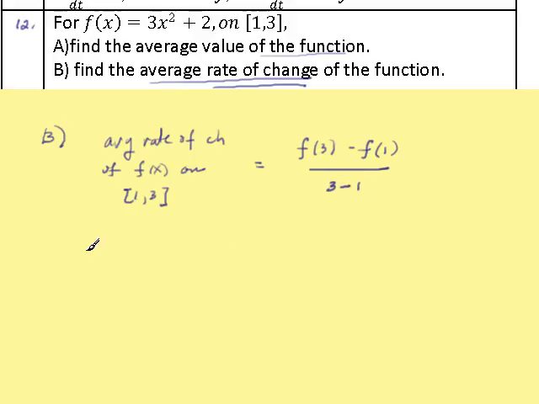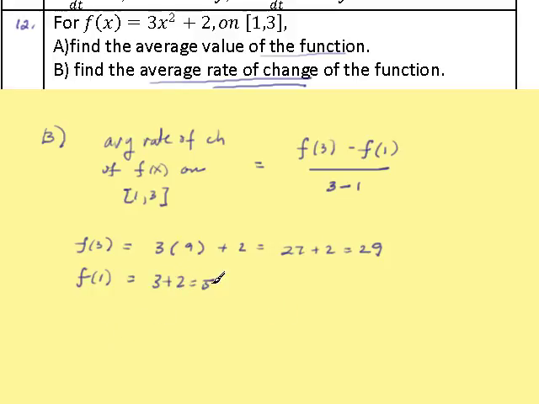So let's just do f(3). f(3) is equal to 3 times 3 squared, 3 times 9, plus 2. That's 29. And f(1), just substituting into here, 3 plus 2 is 5.